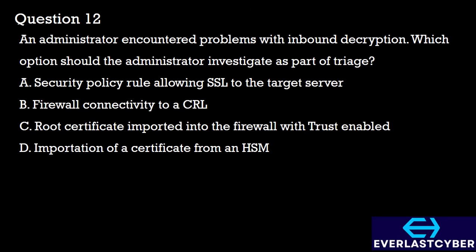If the firewall cannot access the CRL, it will be unable to verify the validity of certificates during the decryption process, and this will lead to inbound decryption failures. So ensuring connectivity to the certificate revocation list is a crucial step in troubleshooting SSL decryption problems.